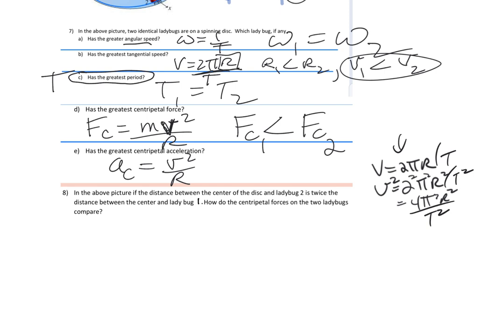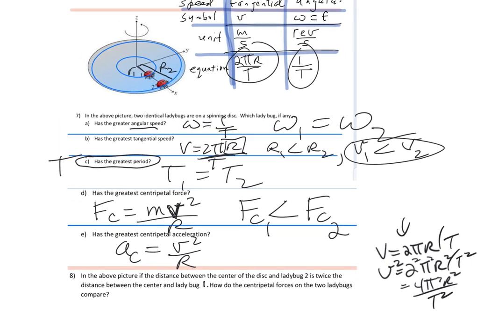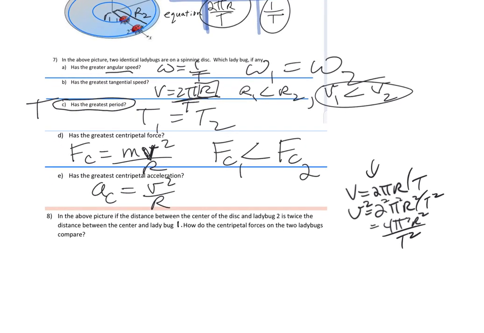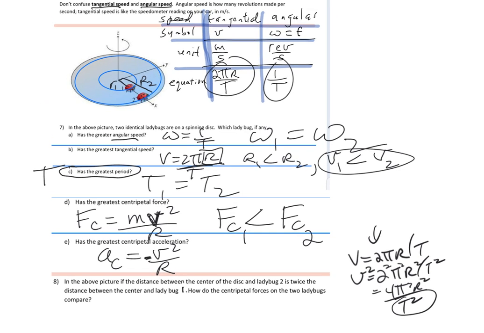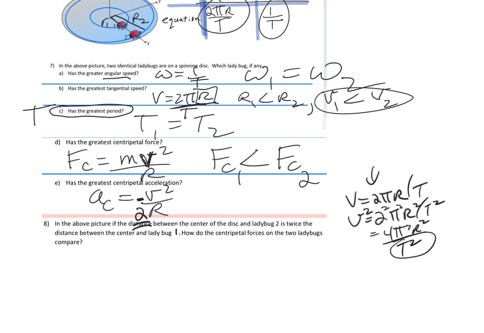Let's say radius 2 is twice as big as radius 1. So I'd put a 2 right there. So V equals 2 pi R over T, and if I square that, it'd be 4 pi squared R squared over T squared.